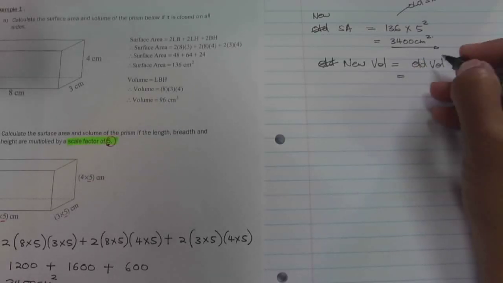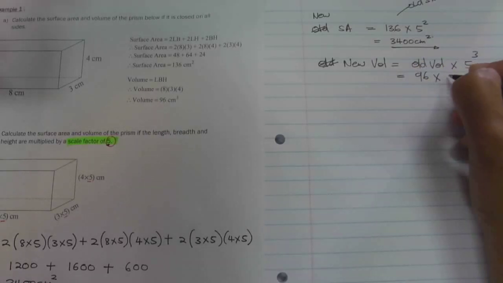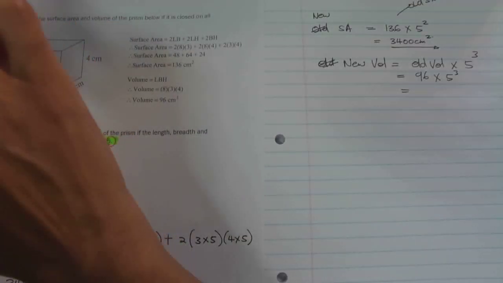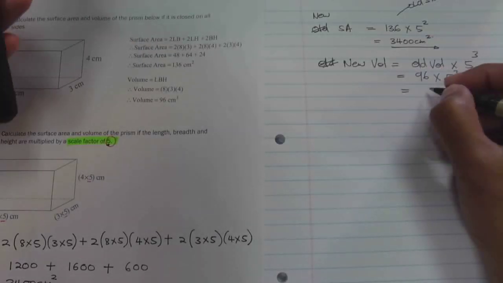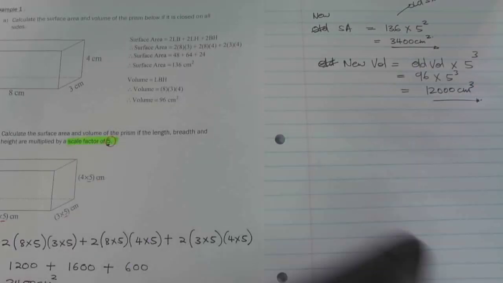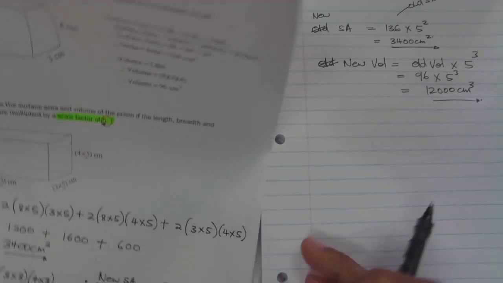And the old volume was 96 times 5 cubed. And that will give us 96 times 125, gives us 12,000 cubic centimeters, which was what we had when we did this.